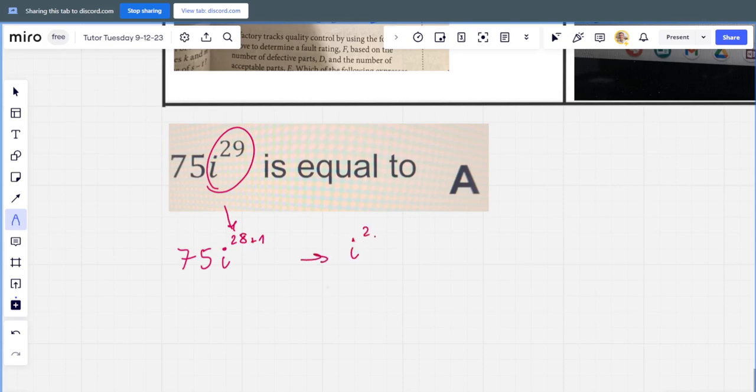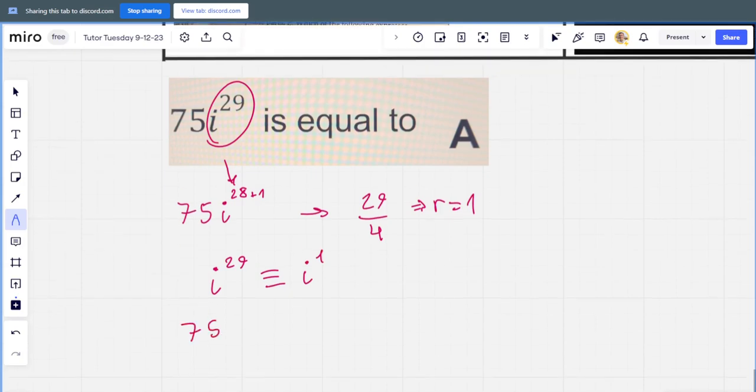So 29 over 4 gives us a remainder equal to 1. So i to the 29th is basically equivalent to i to the first power. So yes, whoever says 75i, that's correct.